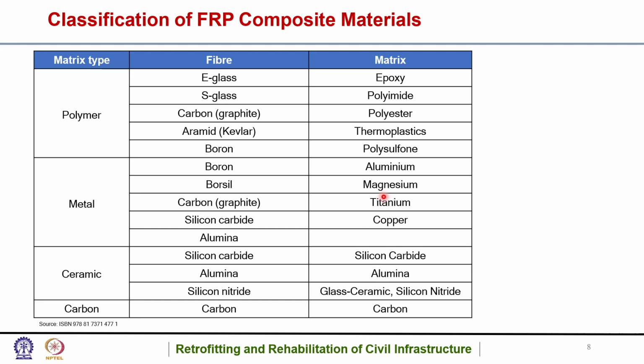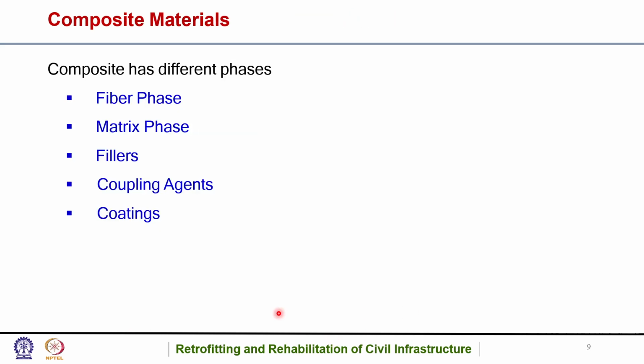For metal matrix, it can be aluminum, magnesium, titanium, copper, and the fibers can be boron, borsic, carbon graphite, silicon carbide, and alumina. For ceramic, the matrices can be silicon carbide, alumina, glass ceramic, silicon nitride. For fiber, it can be silicon carbide, alumina, silicon nitride, and carbon; carbon can be both fiber as well as matrix.